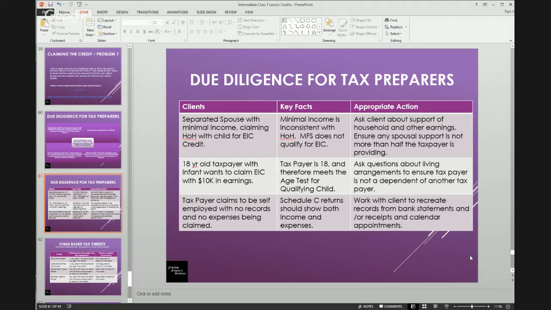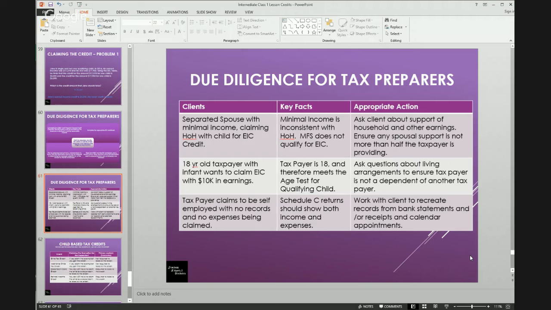We've looked at a previous example similar to that. The appropriate action would be to ask questions about living arrangements to ensure that the taxpayer is not a dependent of another taxpayer. If you determine that they are, you would simply tell them that they're not eligible for that credit.